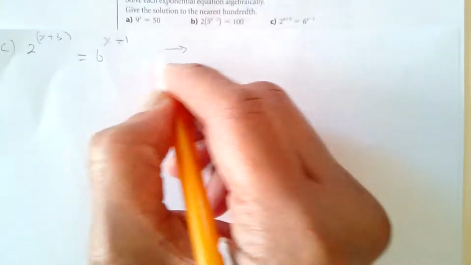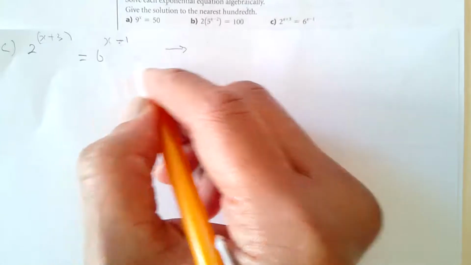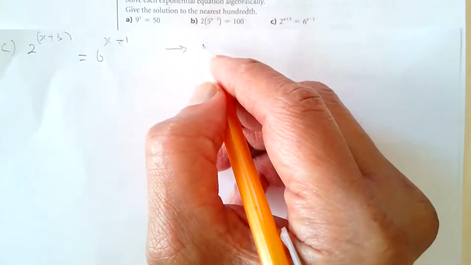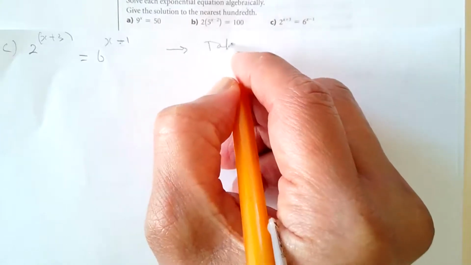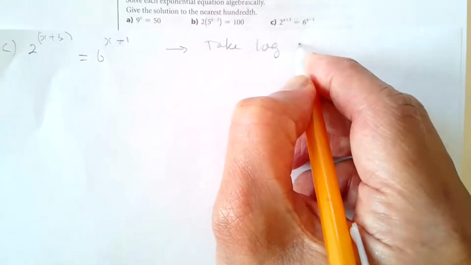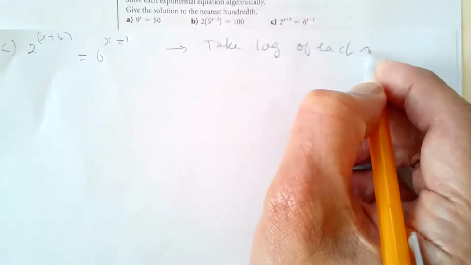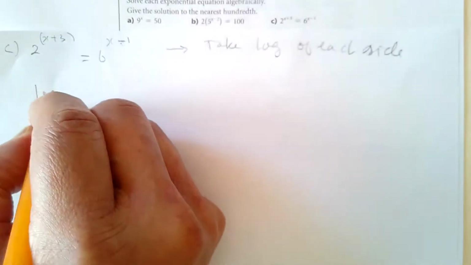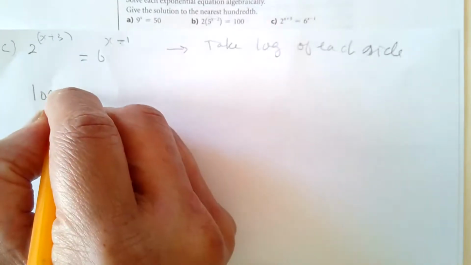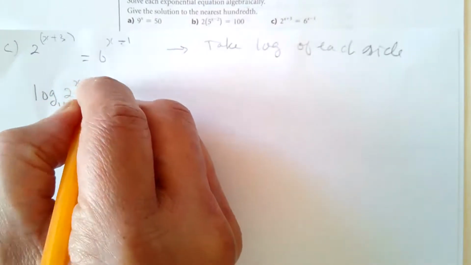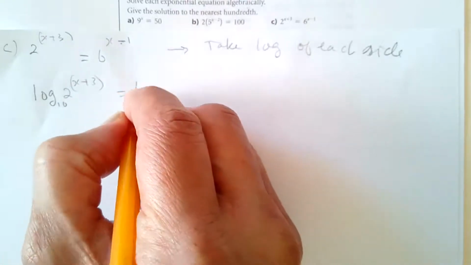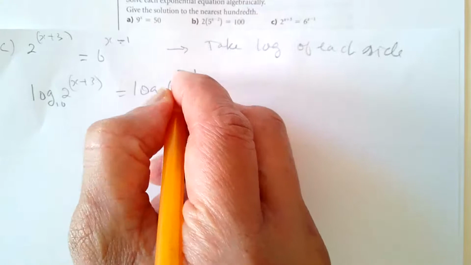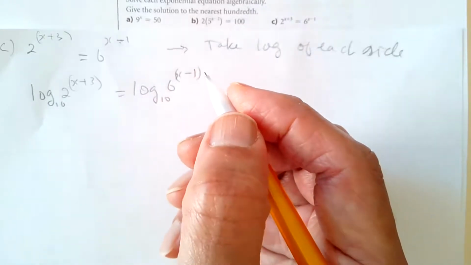Now, step 1, you want to take the common log, in other words, base 10 log of each side. So take log of each side. It becomes log, which is base 10, but we're not writing it here, of 2^(x+3) equals log of 6^(x-1).